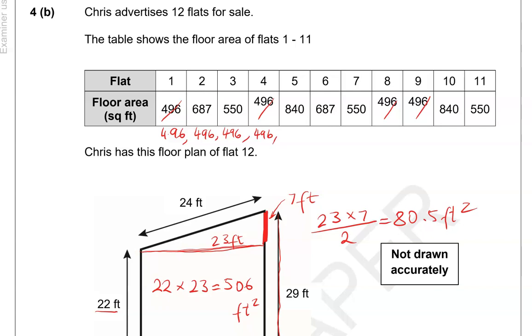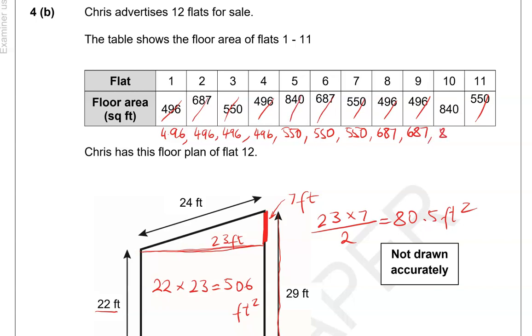Then let's move into the 500s. So 550, 550, 550. Looking at the 600s, we've got 687 and then again 687, then 840 and 840.